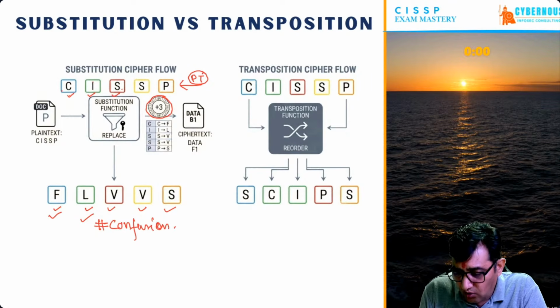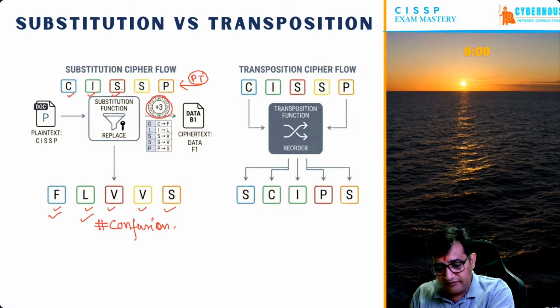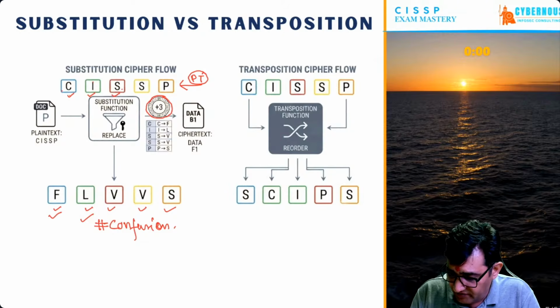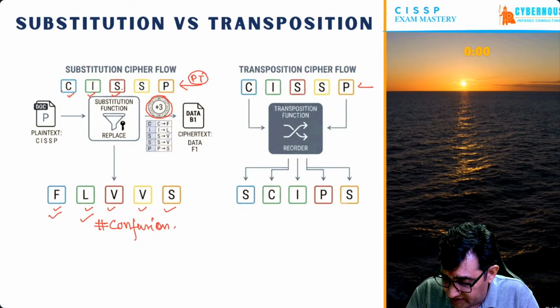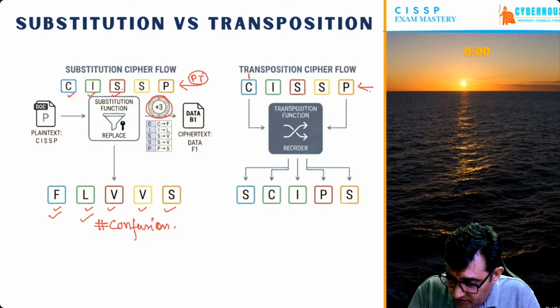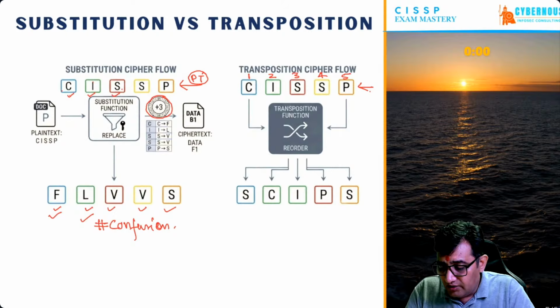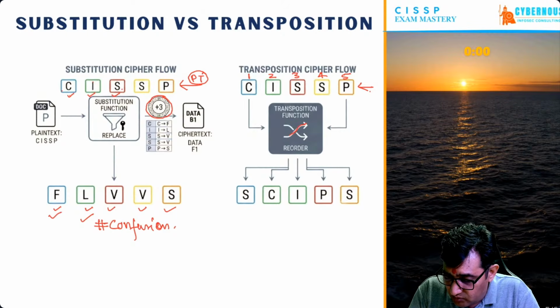On the other side, there is another kind of cryptography, and that is called a transposition cipher. In a transposition cipher, for example, this is CISSP, and these are block numbers 1, 2, 3, 4, 5. What are we going to do in this case? We are going to shuffle their order.